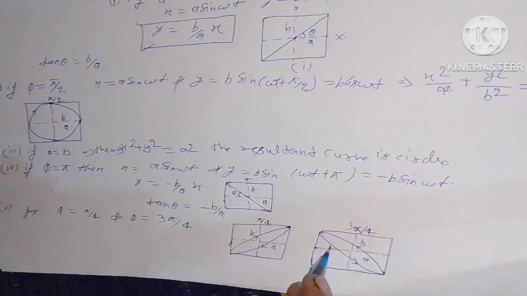As shown in the figure, and as phi exceeds pi, the whole cycle is repeated in the reverse order.